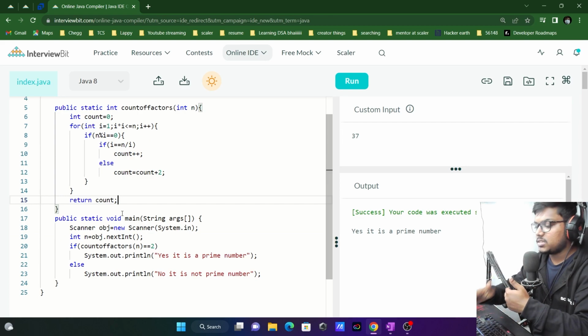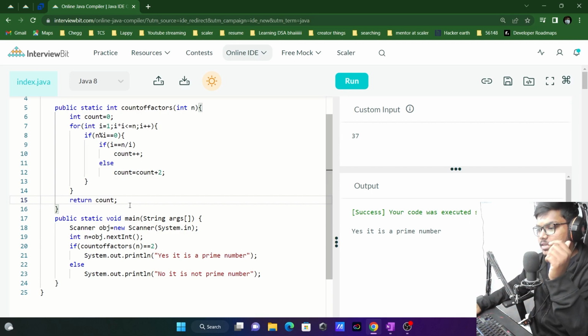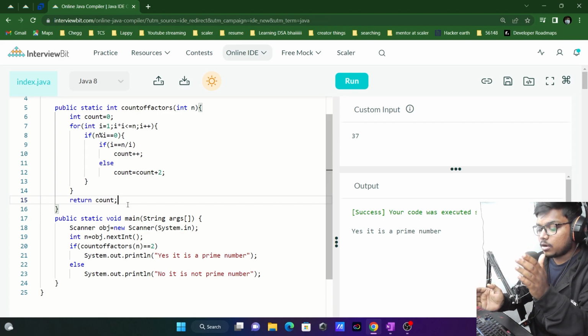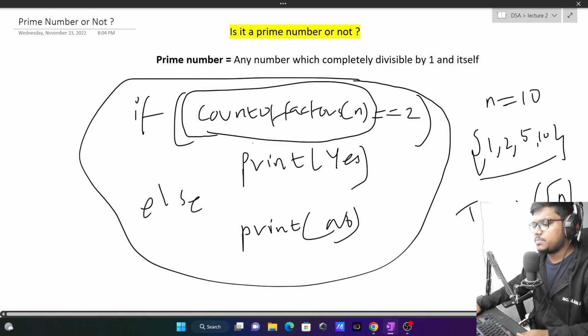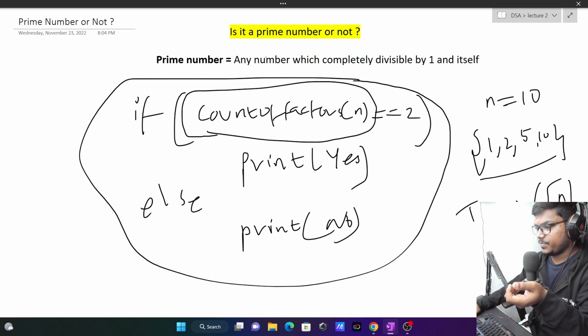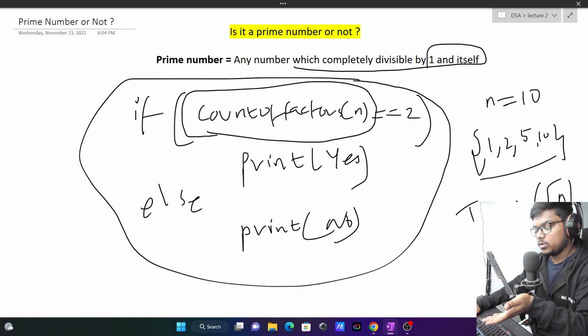Everything is interconnected, so that's why I say use functions and always try to understand the approach. The definition of a prime number is a number completely divisible by 1 and itself, so we count the factors, and if the count is equal to 2, we print yes, it is a prime number, else no.